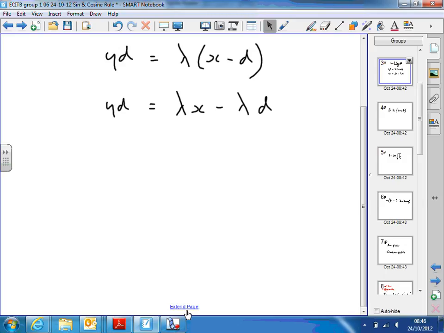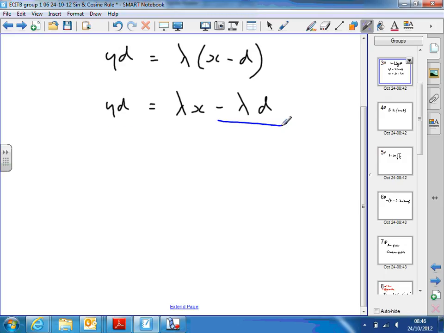Okay, the key to the next step is, because I've got D's, and remember I'm after D, they're on both sides, the key to getting D on its own is getting every term involving D on the same side. I could bring the yd over here, but that would make it negative, so that's not a good idea. So get rid of the negative lambda d on the right-hand side by adding lambda d to both sides.